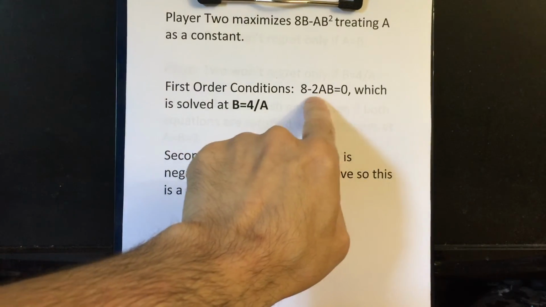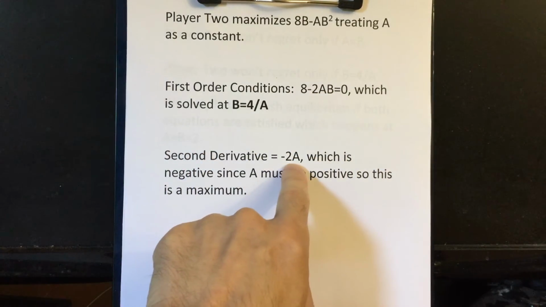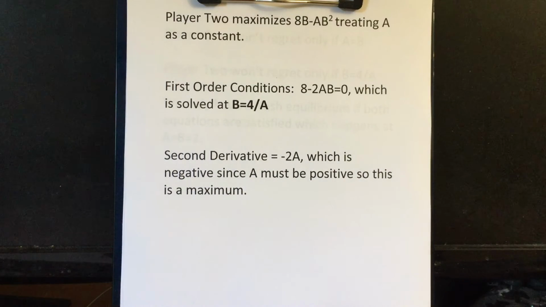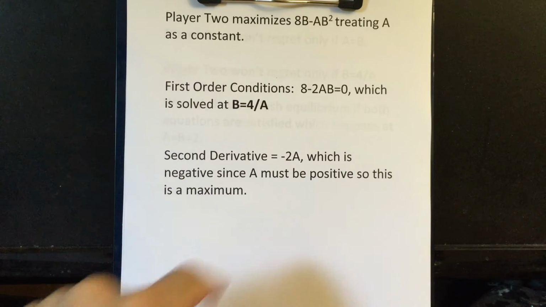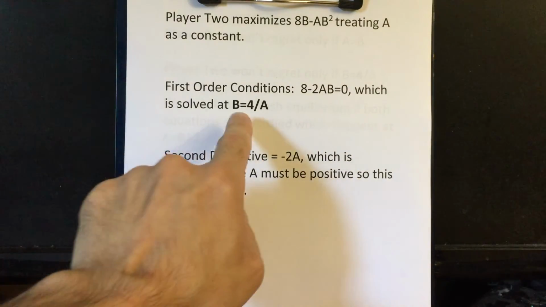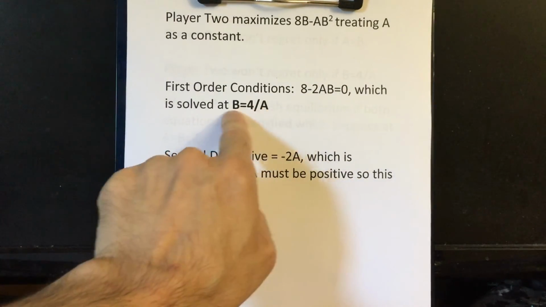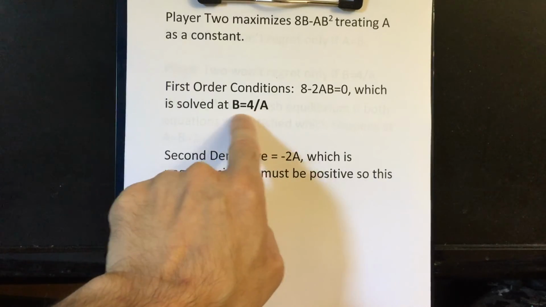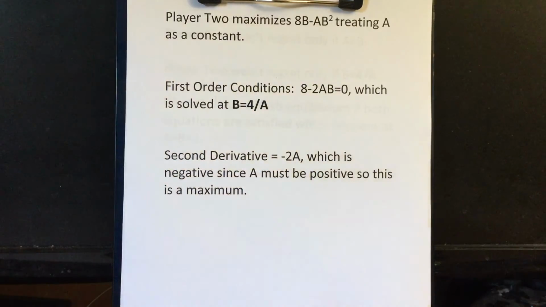Now we have to check second order conditions. So we take the derivative of this again, and we get negative 2A. But recall one of the conditions was that A has to be positive. So that's just an assumption of the game. The players can only pick positive numbers. So this, of course, makes that negative. So this will give a maximum, not a minimum.